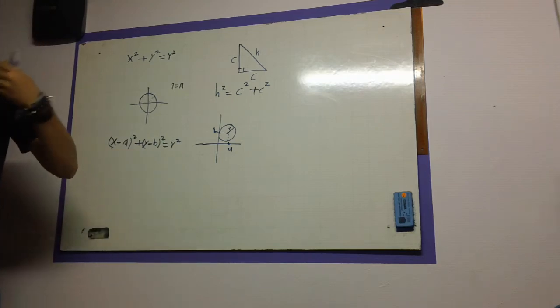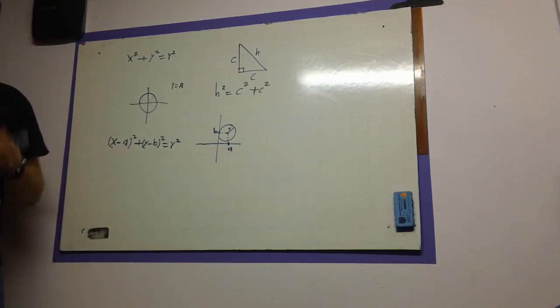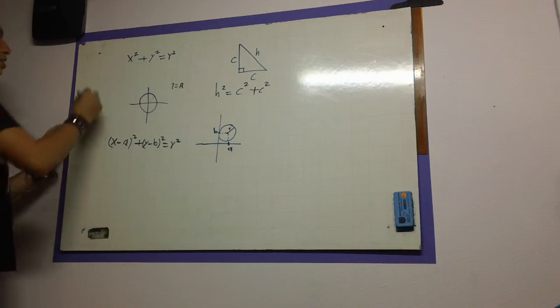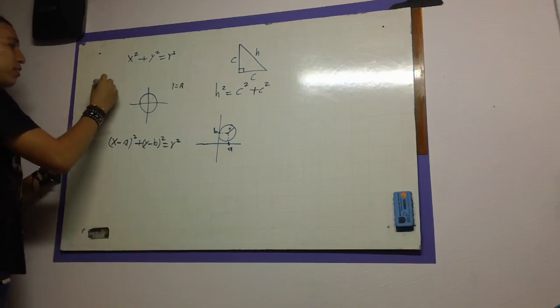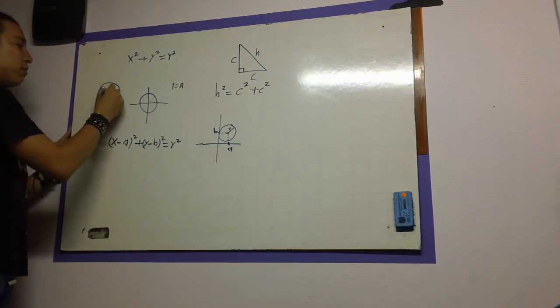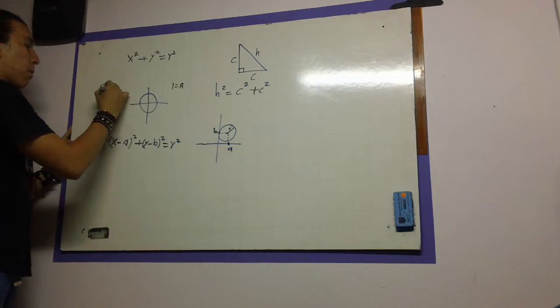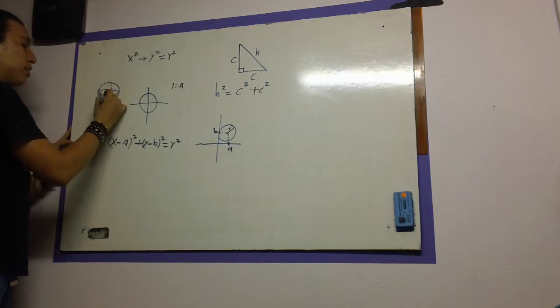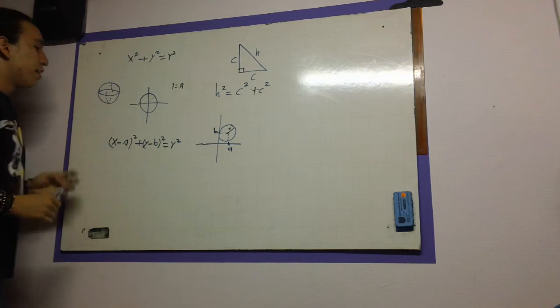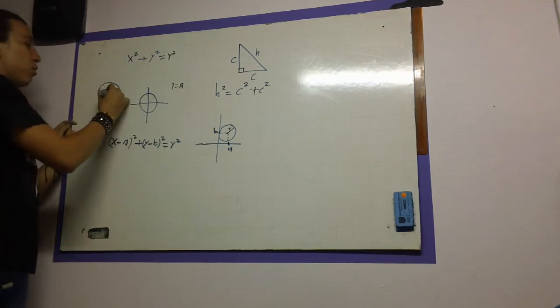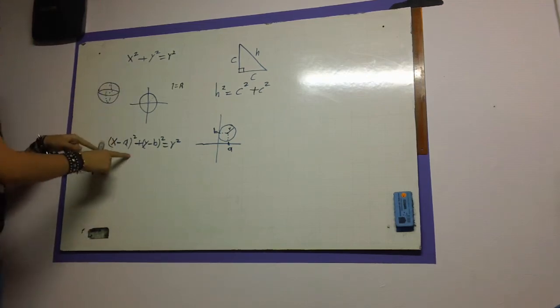And for example, the exercises that I do in my university, they ask us to find the mass of a sphere. Let's say this is a sphere. Find the mass of a sphere with an equation like this.